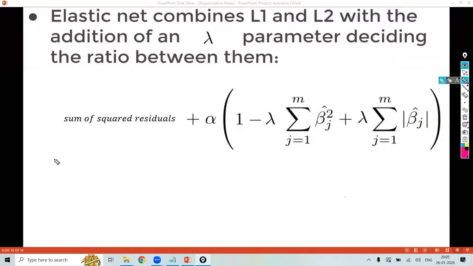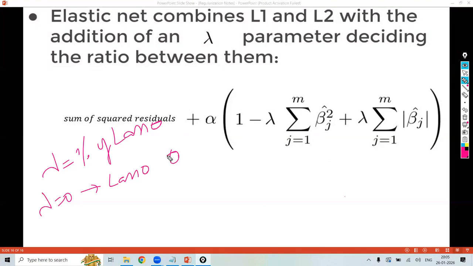So lambda is equal to the percentage of lasso. Lambda equal to 0 means lasso is 0. I don't want lasso, which means the modulus of slope term should be 0.